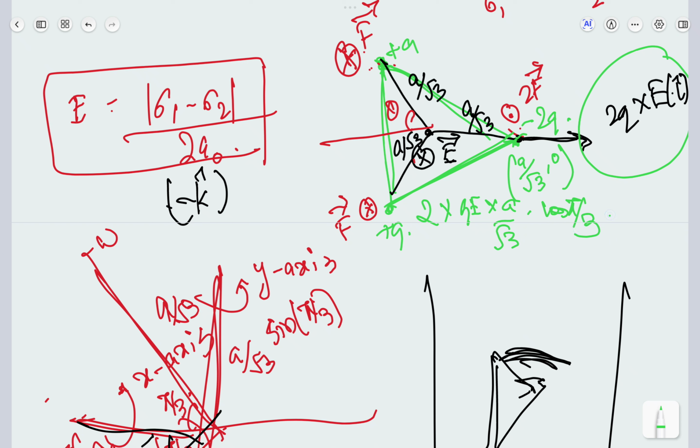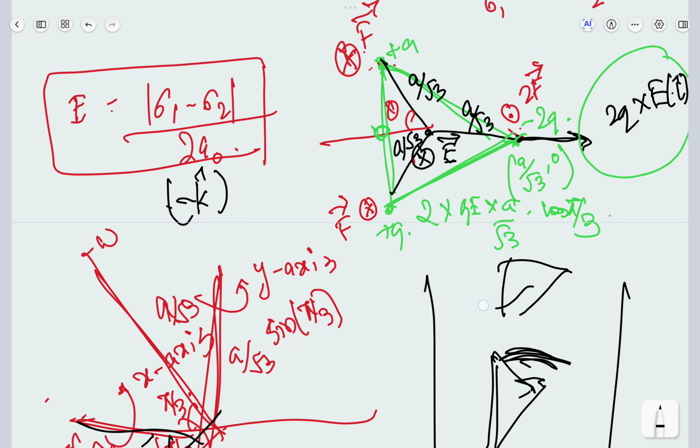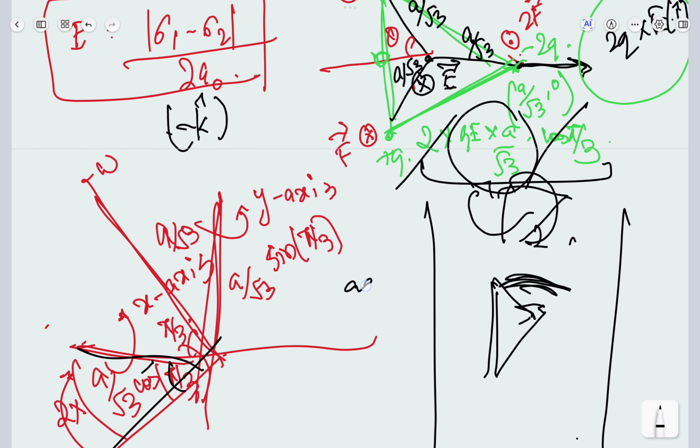This was the net torque on this side, and moving in the same sense, when you look from above, it's just going to move here and here. So you just add them up. Cos pi by 3 would be cancelled, and this would be aQE by root 3 plus 2 aQE by root 3. Net is root 3 aQE.